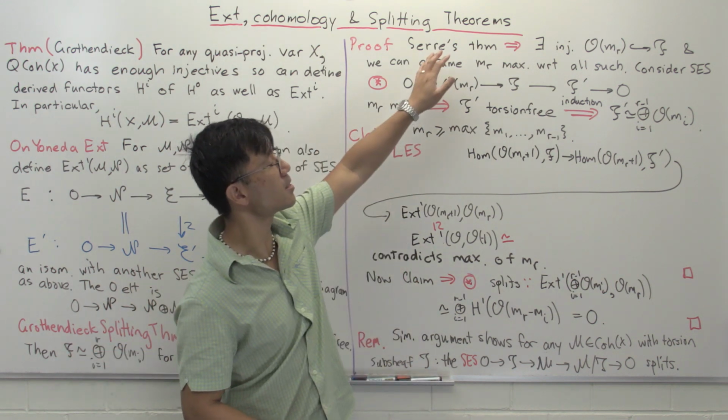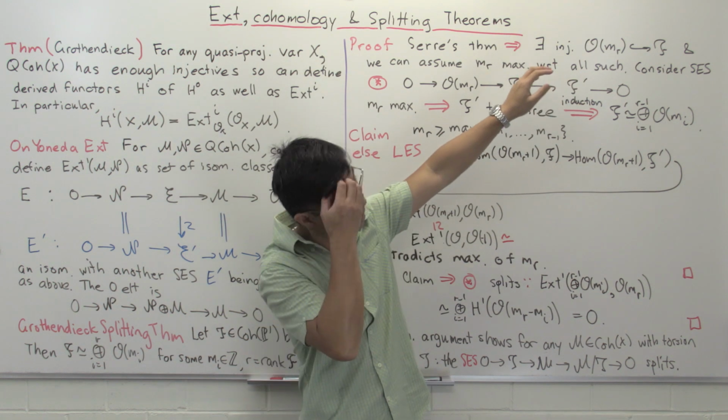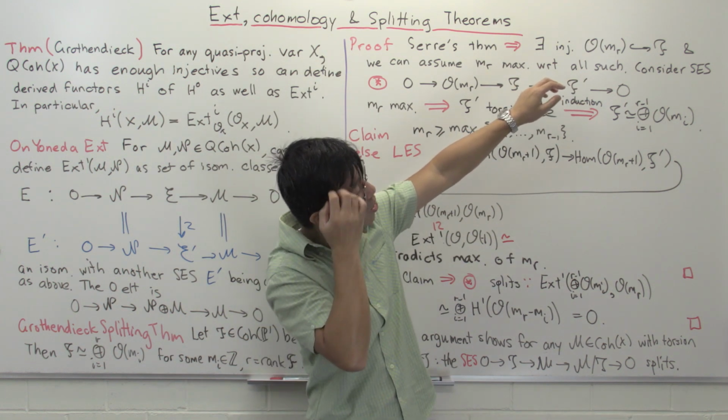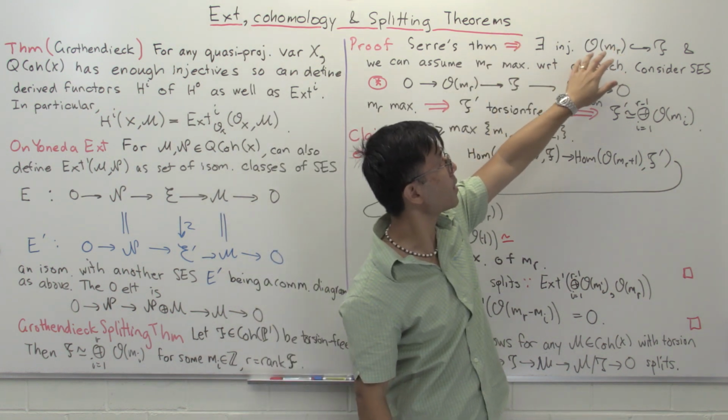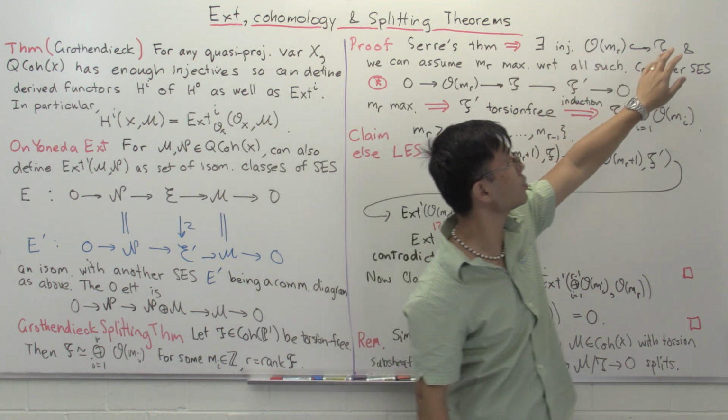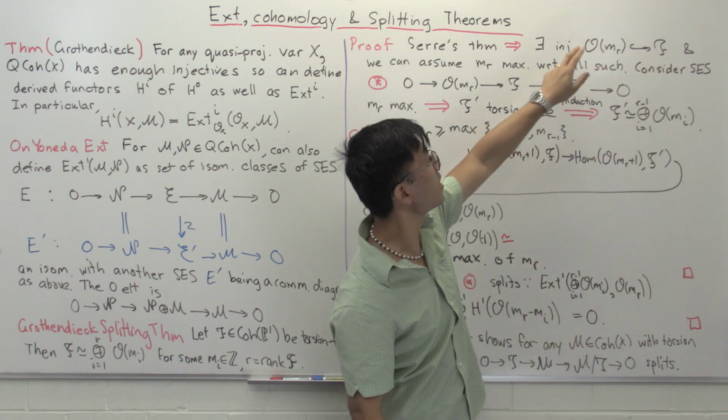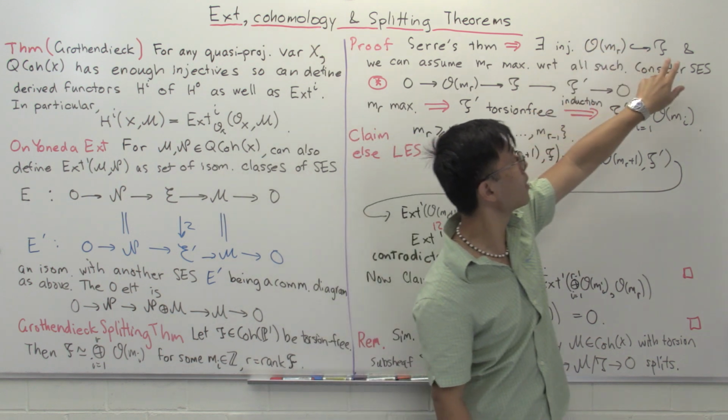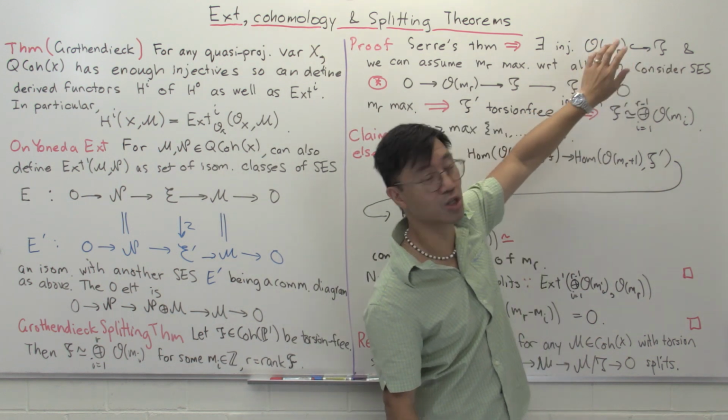The first thing is that Serre's theorem tells you that there is a surjection from some direct sum of copies of some O(m_r) onto F. So in particular, there is some map from some O(m_r) into F, where m_r is some integer.